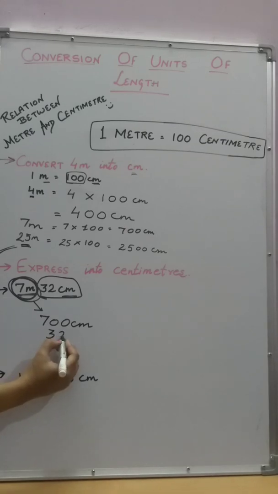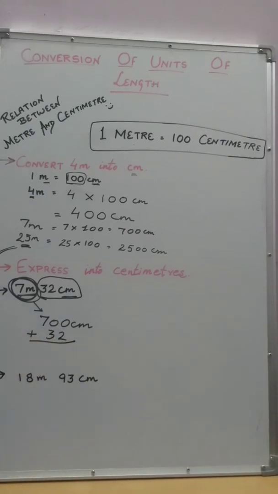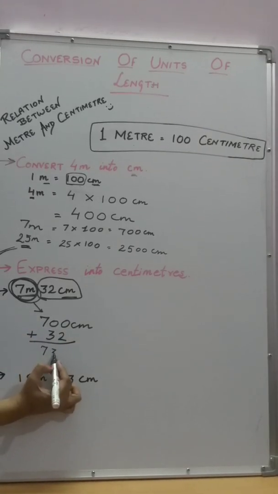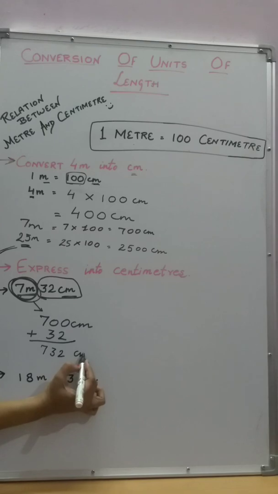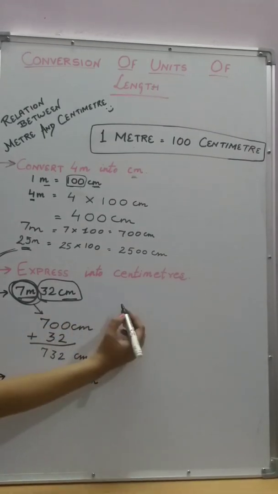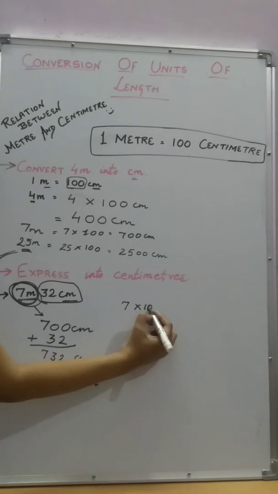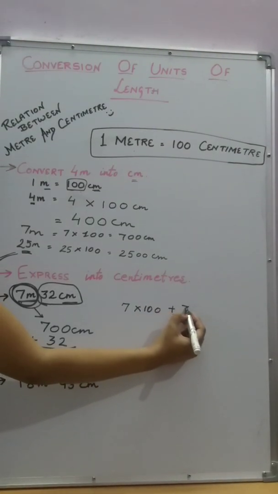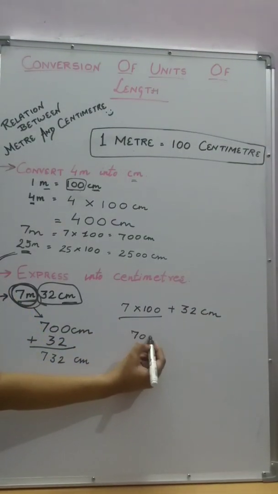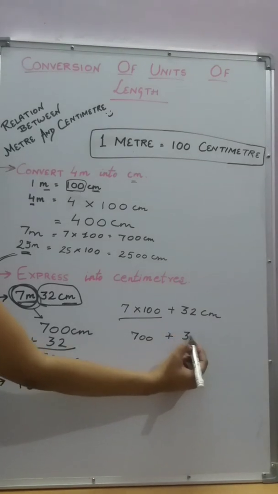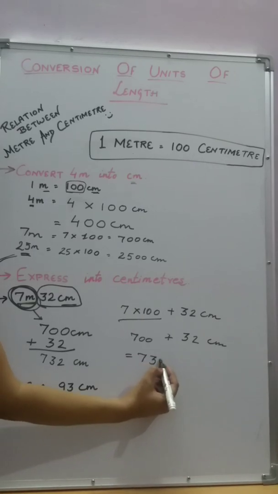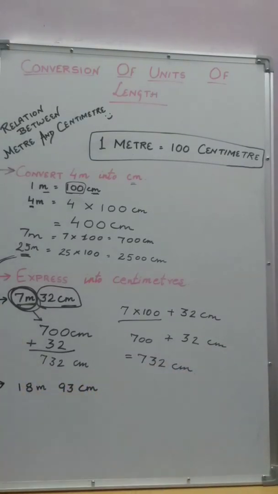So this we are going to add. Plus. 700 plus 32. So it will turn into 732 centimeter. So we can solve like this: 7 multiply 100 plus 32 centimeter. This is 700. This one is 32. So our answer is 732 centimeter.